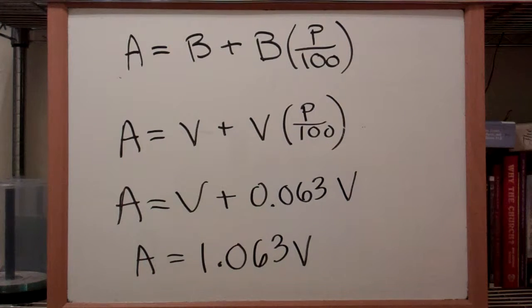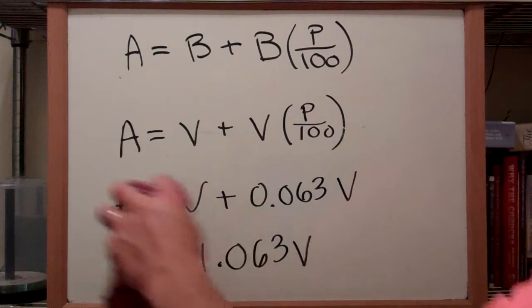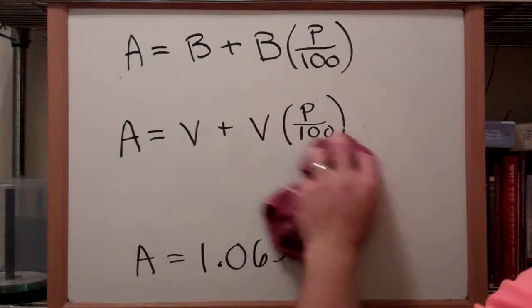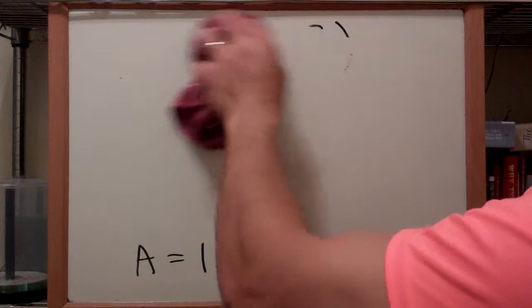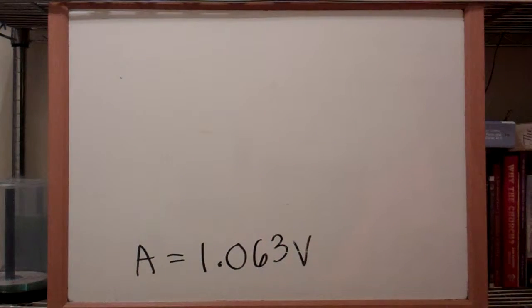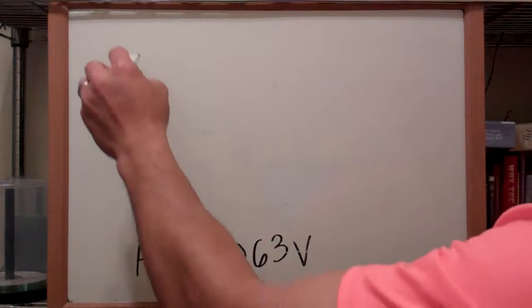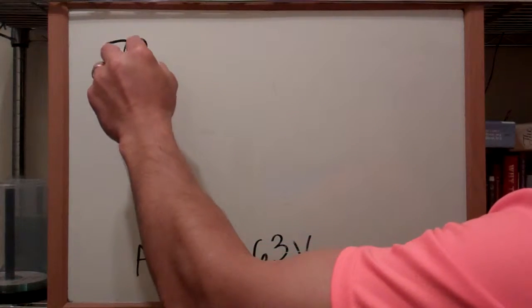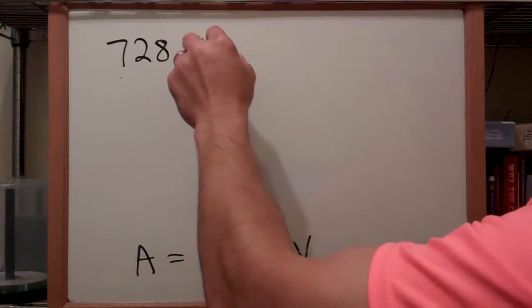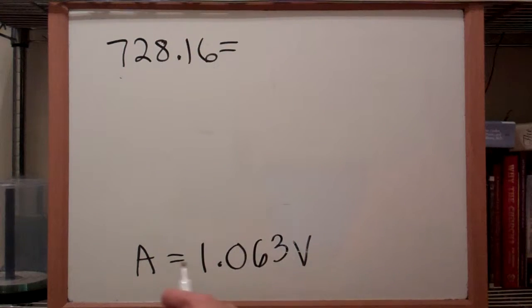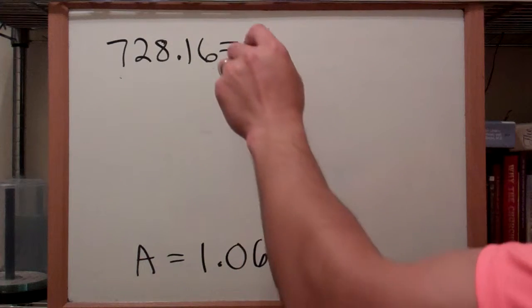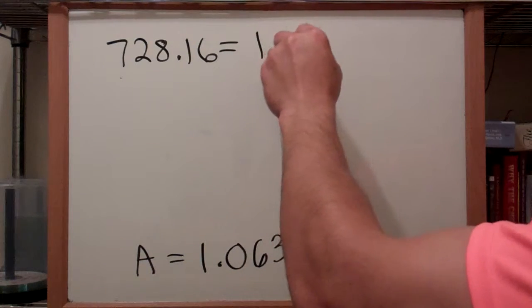Part B says, if the cost of the TV after taxes was $728.16, what was the original price of the TV? Here we're given the cost after taxes, so we can plug that in for A. We can either use the simplified version or the original version; I'm going to use the simplified version.